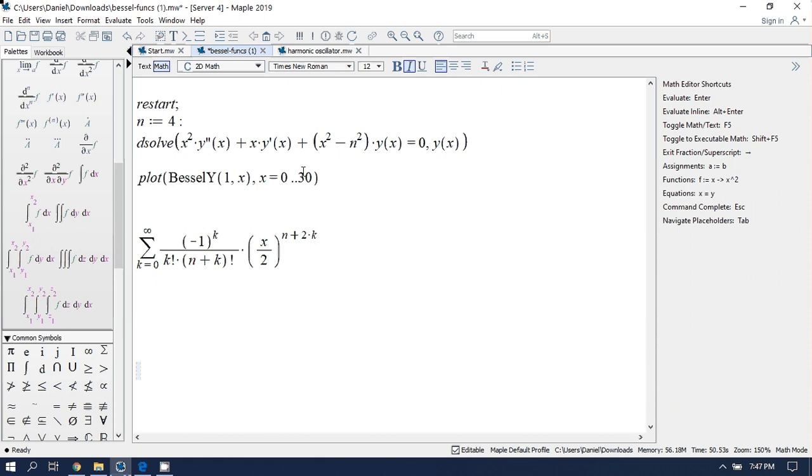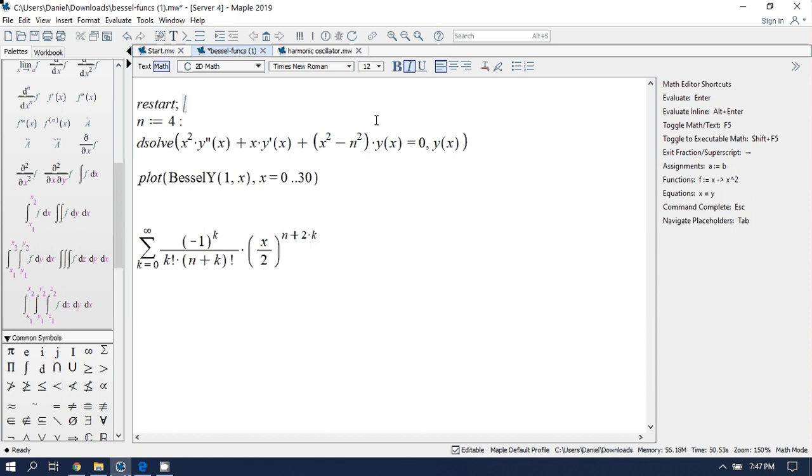Now, before I go into more details about the solutions of these differential equations, I want to point out that you learned in the course of ordinary differential equations that any linear homogeneous ODE of second order has the solution given as a linear combination of two independent solutions.